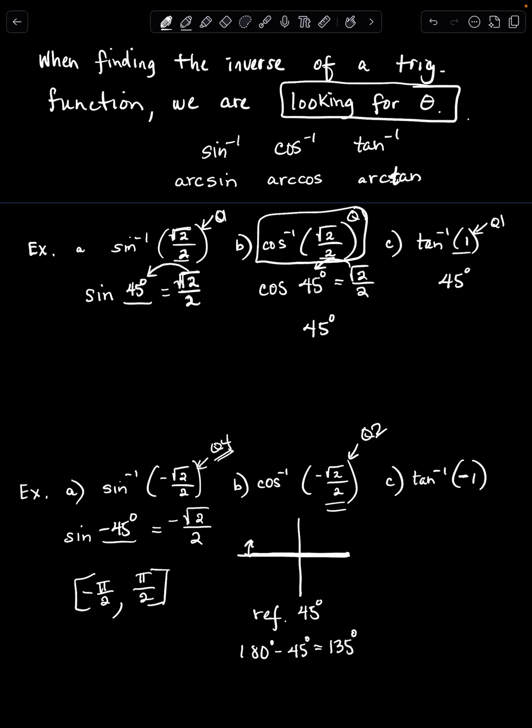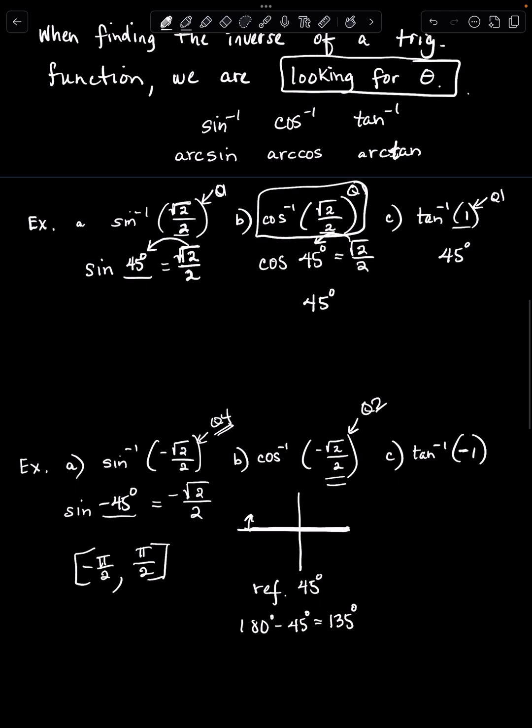All right. If this is confusing to you, remember we had to restrict the domain. I have a negative exact value, so my angle has to come out of quadrant 2. If I wrote this out, this is saying the cosine of what angle, and I'm saying is 135 degrees, is negative square root 2 over 2.